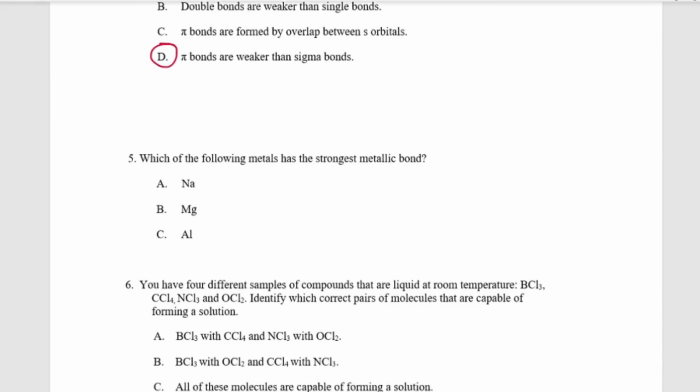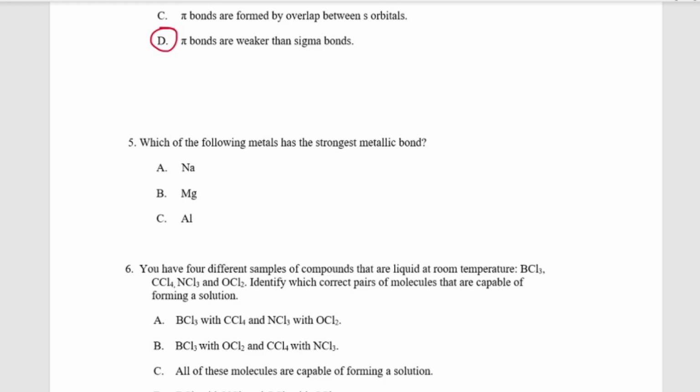In question 5, we have: which of the following metals has the strongest metallic bond? What we have to do first is to define metallic bonding. Metallic bonding means that metals form a lattice and lose their valence electrons to form a sea of mobile electrons, or so-called delocalized electrons.